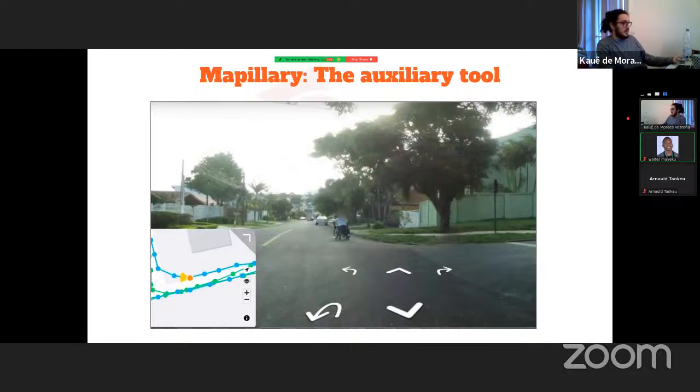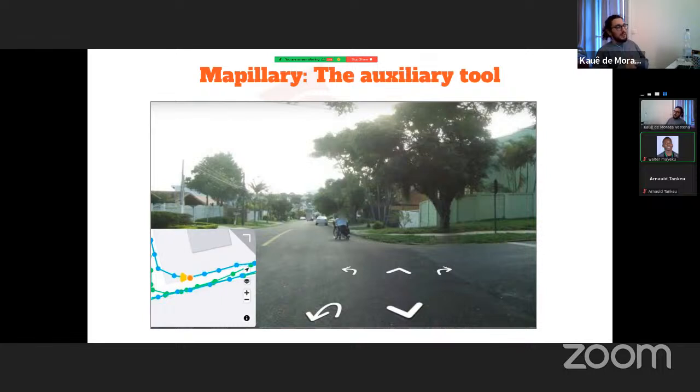So there are auxiliary tools that we may use to map accessibility. One is Mapillary, okay, where you can find terrestrial imagery. You can download this imagery and infer some properties of the sidewalks, mainly the descriptive ones, okay?